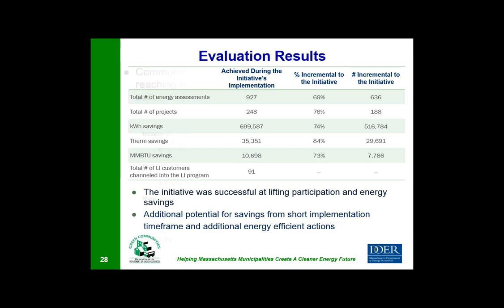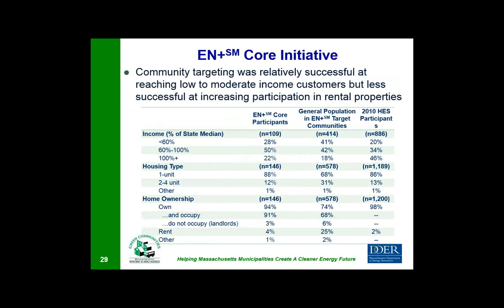So the program was fairly successful at increasing participation and increasing energy savings. But as I noted, it really was trying to target certain customers. Despite the fact that it was using a community targeting approach, it really wanted to see an increase in participation among certain types of customers that might not be participating under the regular HES program.